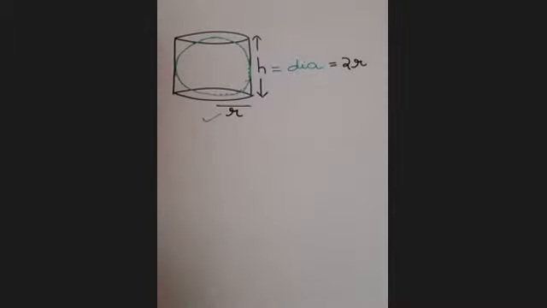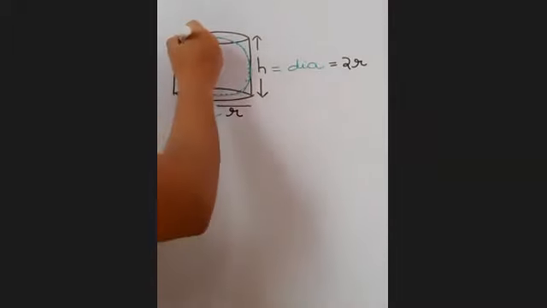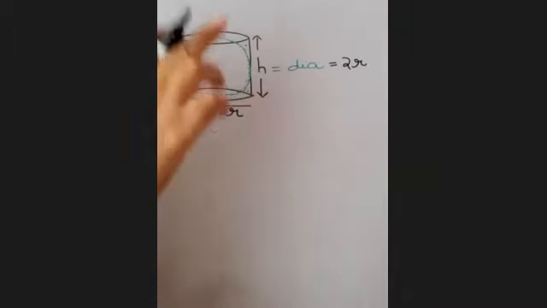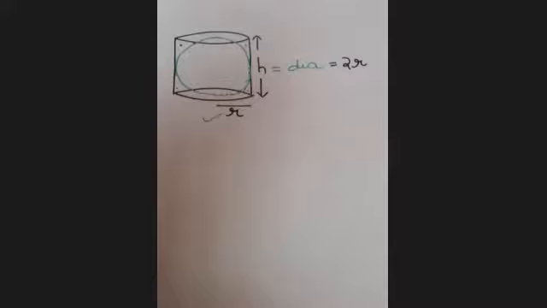Now, children, here also, can you see that some portion is left? Some space in the corners will be left. That clearly shows whose volume is greater, cylinder or sphere? Cylinder.